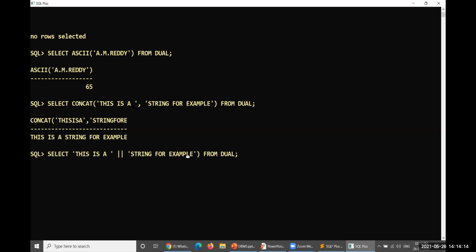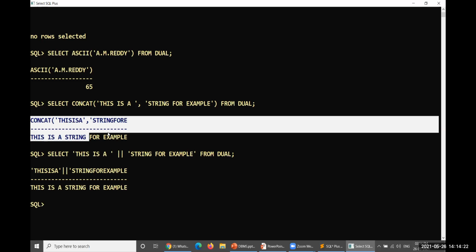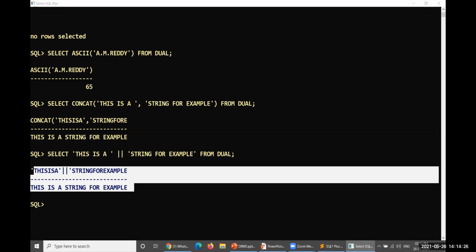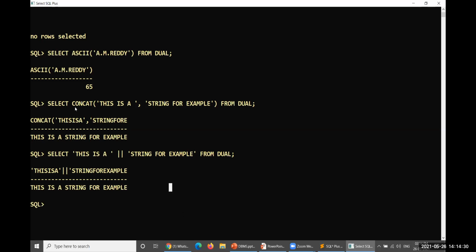In SQL, two pipe symbols are called the concatenation of two strings. Both outputs are the same. Either CONCAT can be used, or the concatenation operator can also be used to concatenate two or more strings.